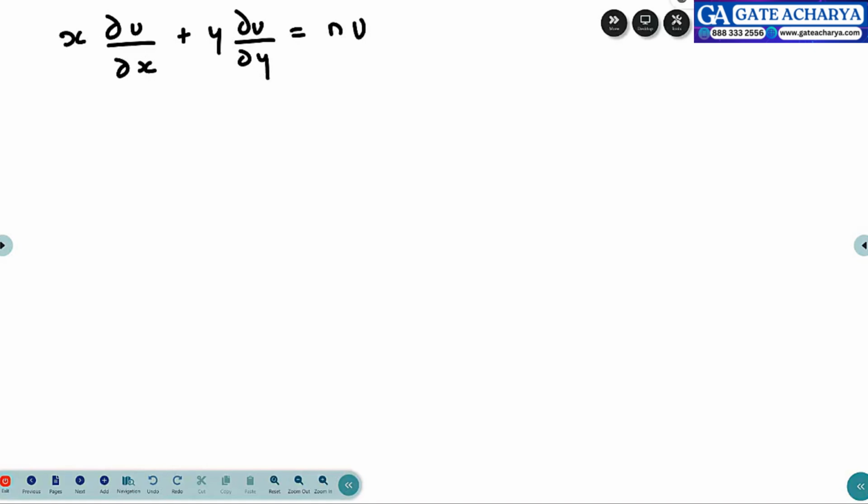Where n is what? n is the degree of the homogeneous equation. x dou u by dou x plus y dou u by dou y will be this value. This is what is taught in your textbooks.